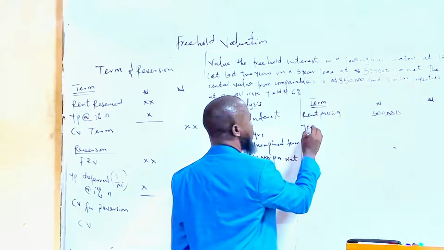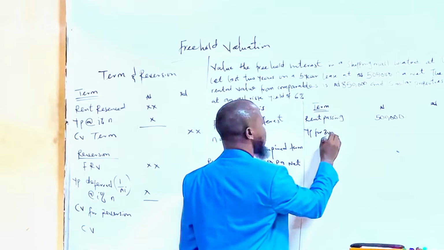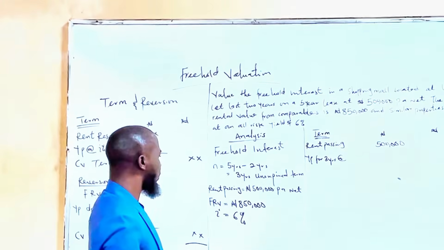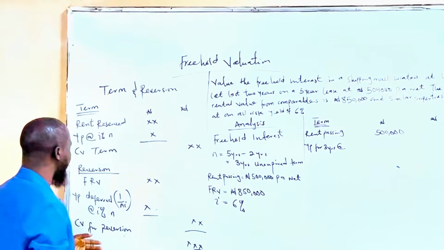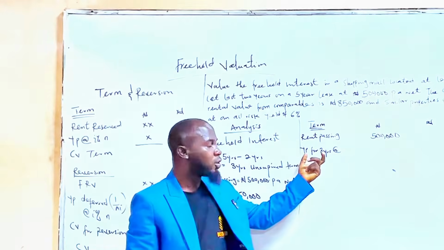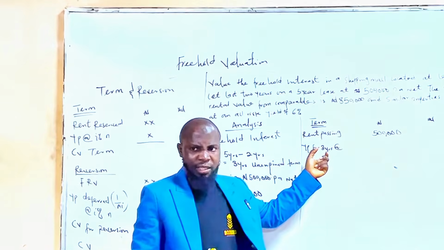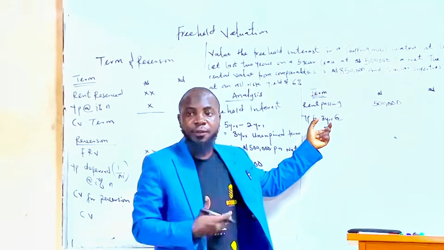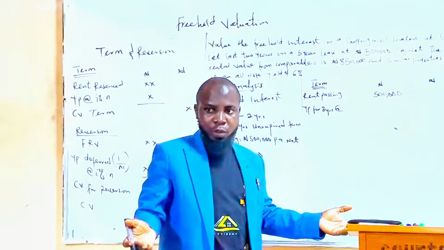Then YP for the unexpired term for 3 years. Remember what we explained, that mostly this one enjoys a lower yield. You give this one a lower yield because he's paying a lower rent. The chance of this tenant defaulting is slim because you are paying a lower rent compared to the normal rent you are supposed to pay.